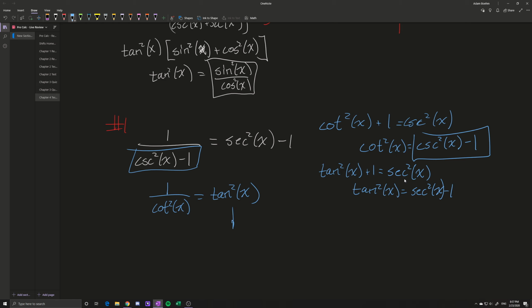So then we can replace tangent squared of x with secant squared of x minus 1. Hold on.